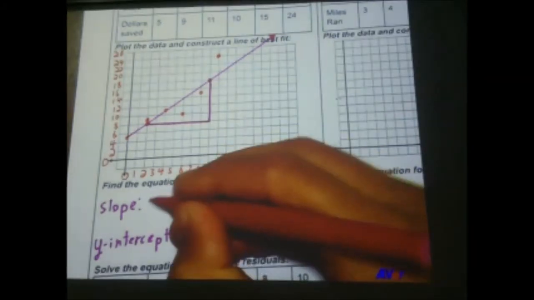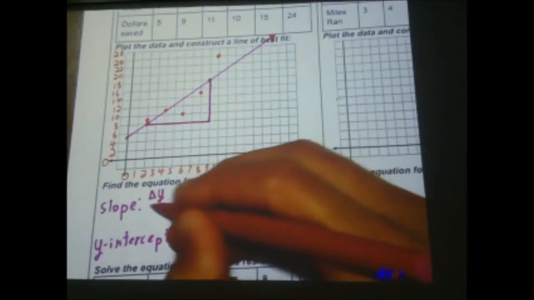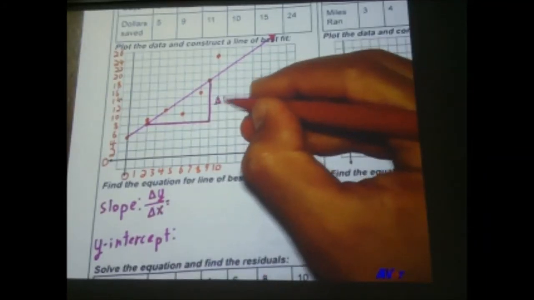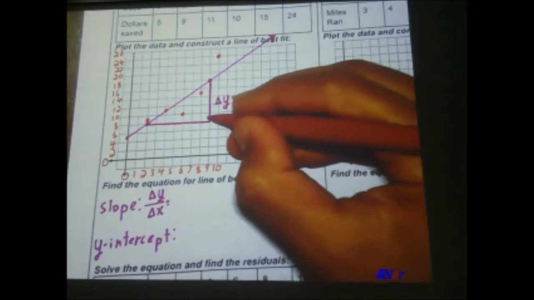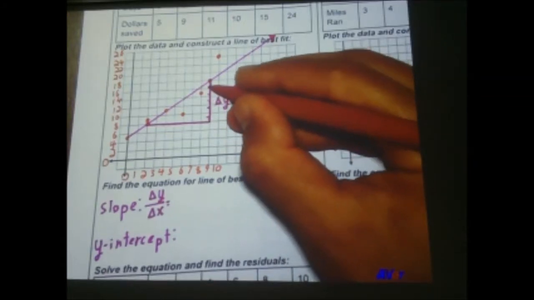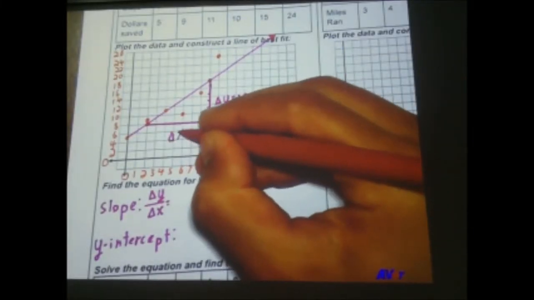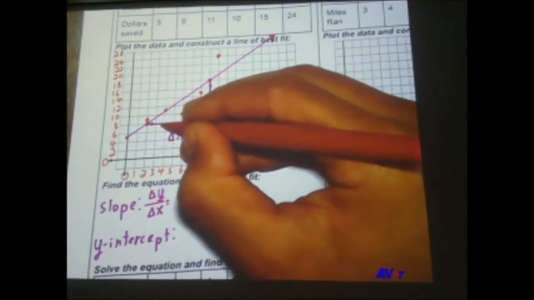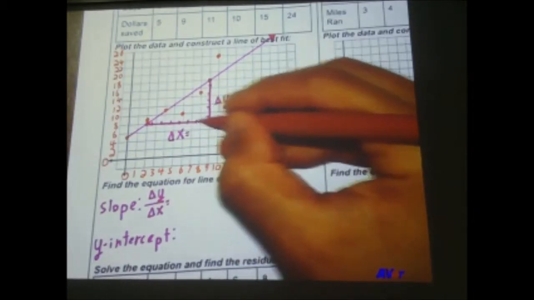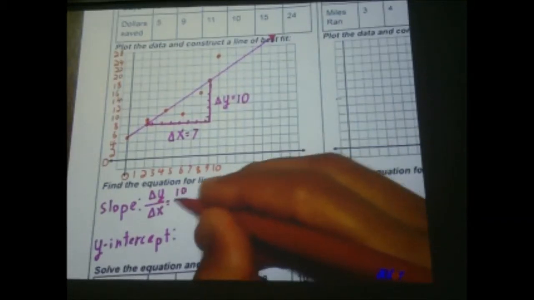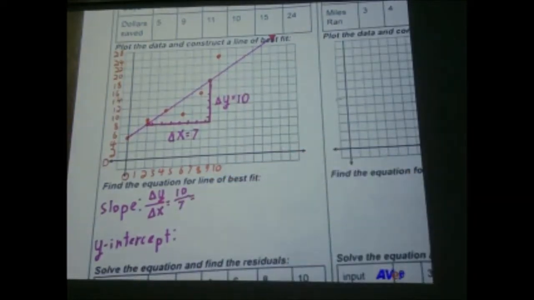Our slope is the change in y over the change in x. My change in y goes up by 2, so it's 2, 4, 6, 8, 10. My change in x goes over by 1s, so mine is 1, 2, 3, 4, 5, 6, 7. So I get 10 over 7, and if we put that into a calculator, we'll get about 1.4.